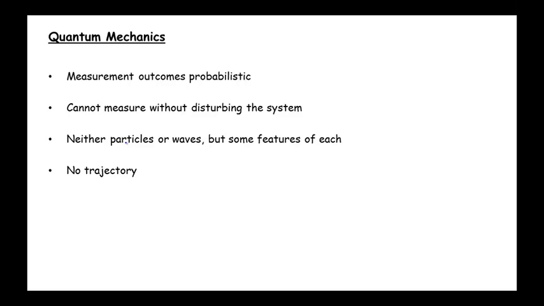So what quantum mechanics allows us to do is we start the experiment, it happens quantumly, and as soon as we look, as soon as we measure, that disturbs the system, and that gives us the outcome of the experiment.